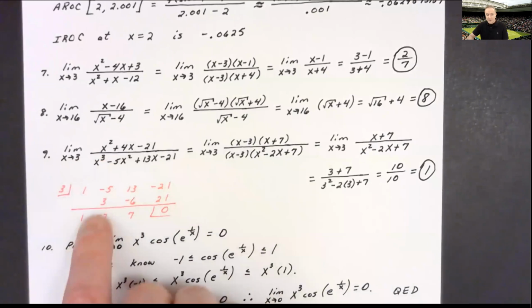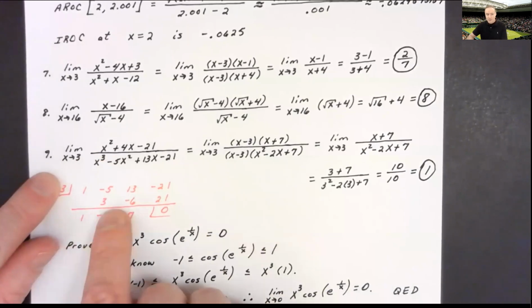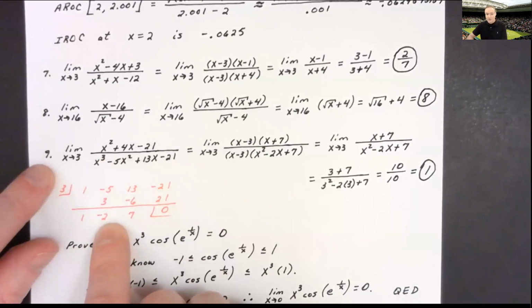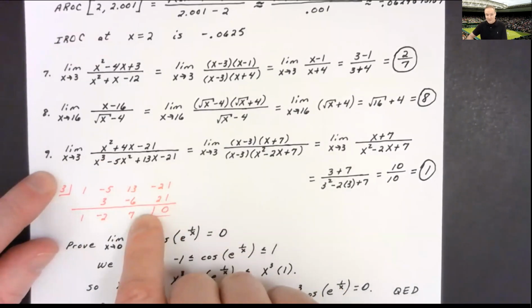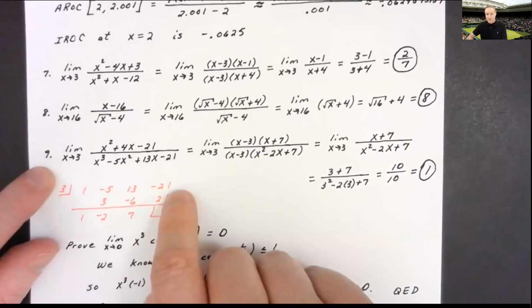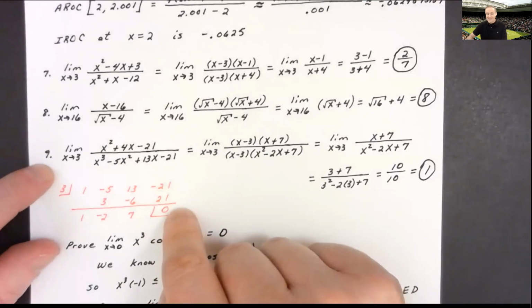Please remember with synthetic division, the first number just comes down. Then you'll say 3 times 1 is 3, negative 5 plus 3 is negative 2. 3 times negative 2 is negative 6. 13 plus negative 6 is 7. 3 times 7, 21. Gorgeousness, because negative 21 plus 21 is 0.